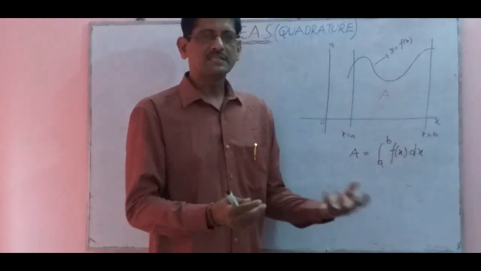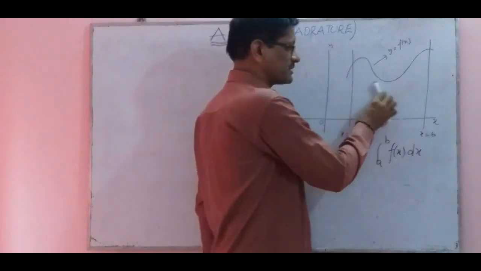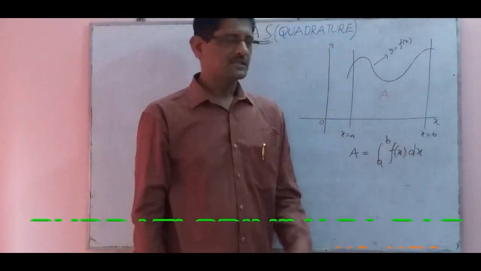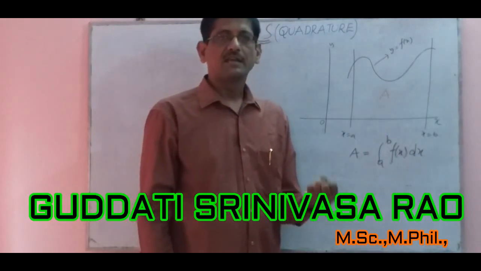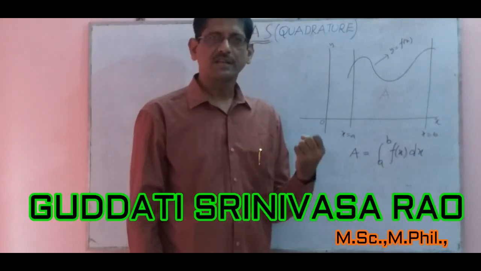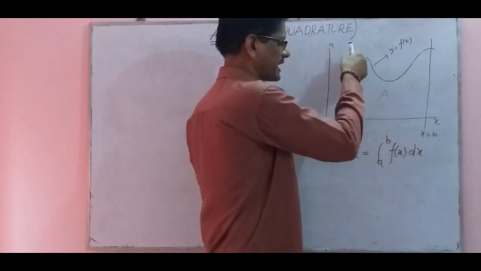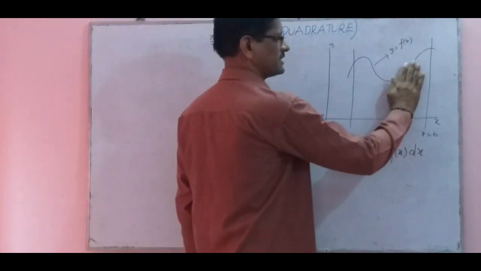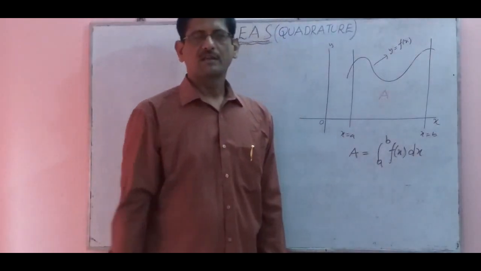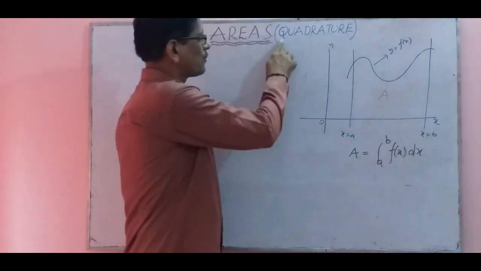That means the region having two dimensions, length and breadth. So the definite integral from a to b of f of x dx represents geometrically its area. The continuous curve enclosed with the x-axis and the ordinates x is equal to a, x is equal to b, this region is area. To find the area by using definite integrals, the process is called quadrature.